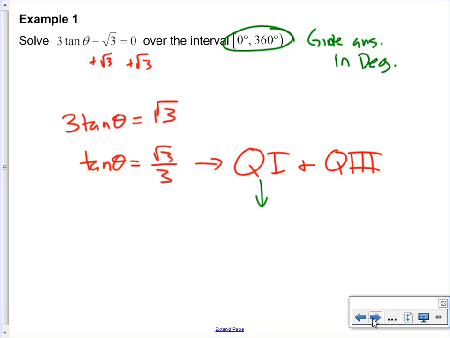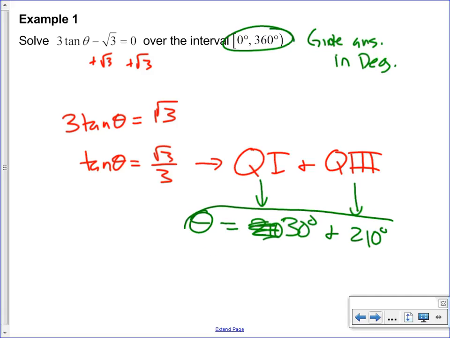It tells you if it wants it in degrees or radians. Quadrant 1 is 30, and quadrant 3 is 210. That's how you find these things. That chart is so small.